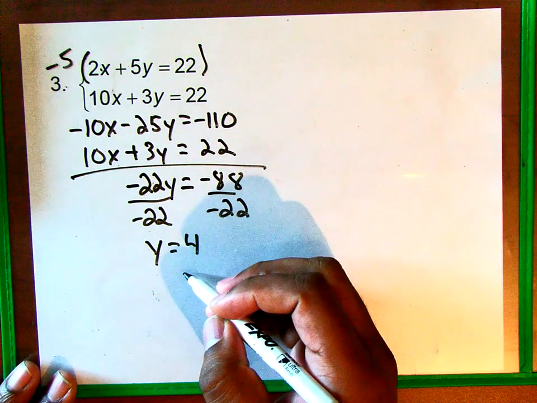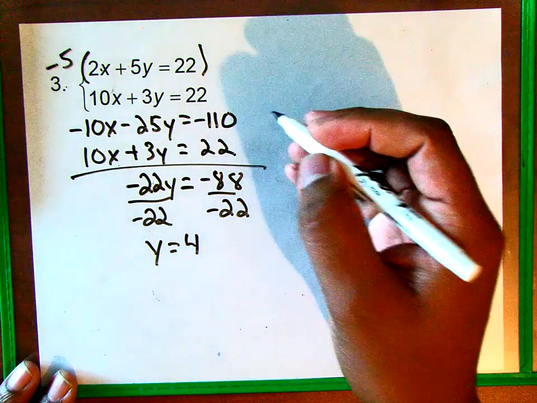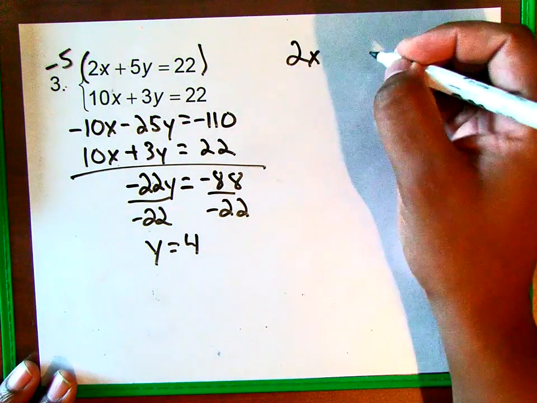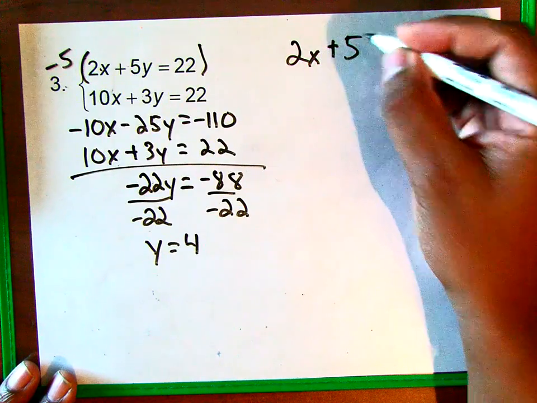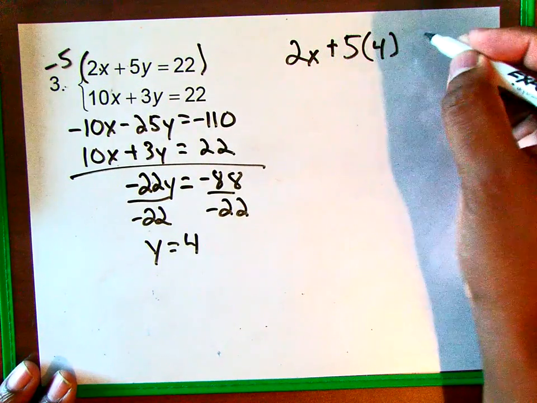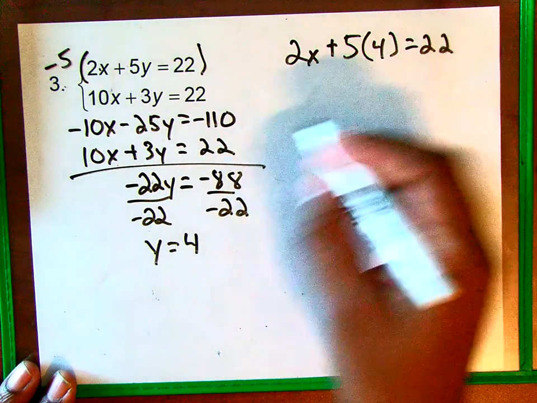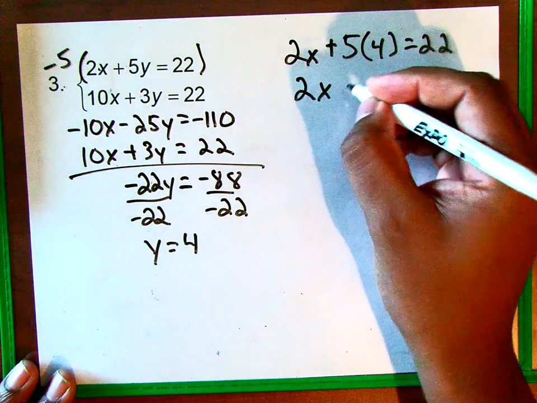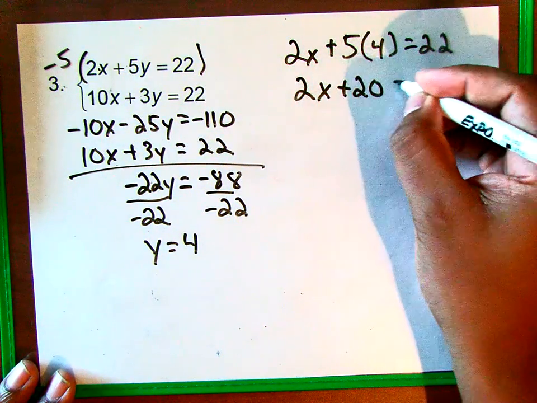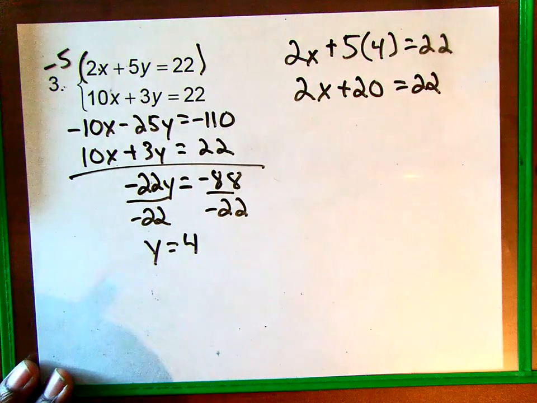Now that I have y is equal to 4, I'm going to take the 4 and plug it back in. So I have 2x plus 5 times 4 is equal to 22. And remember, always use the original equation. All right, that's going to give me 2x plus 20 is equal to 22.